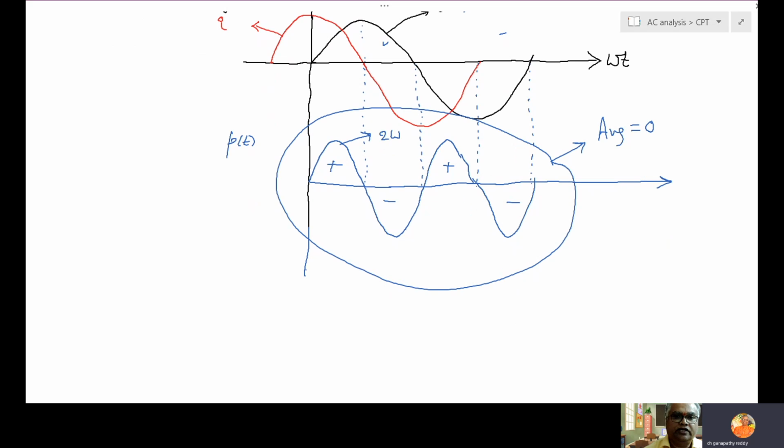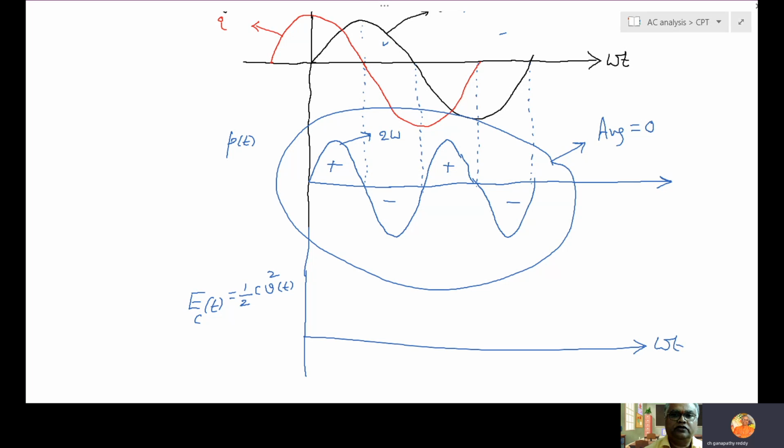Next, when we see energy behavior, energy E of t or EC of t. What is the formula? CV square. The voltage positive, square is positive anyway. Negative, square is also positive.